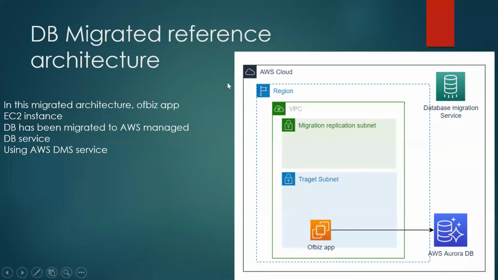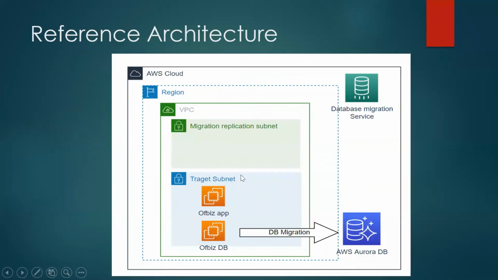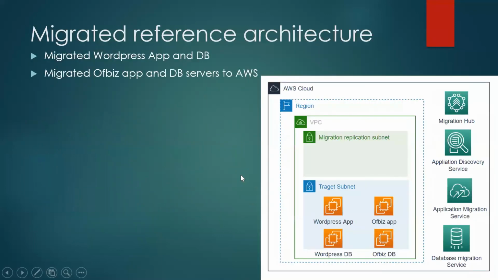If we go to our presentation, previously this was the scenario of this application. This is the application that is in scope for database migration. Previously this app was connected to this database.